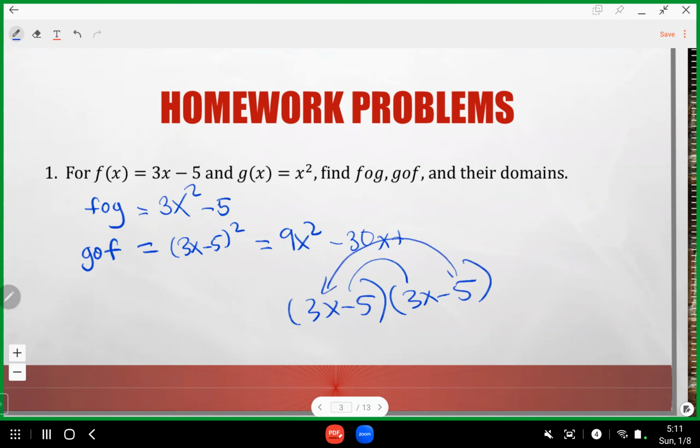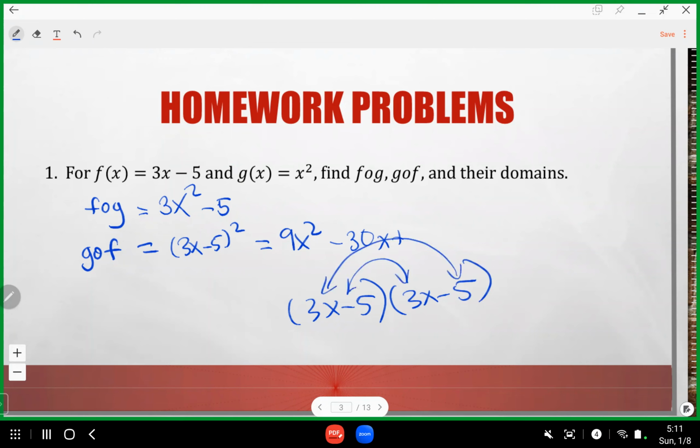Remember, you have to multiply every term by every term. You can't just multiply 3x and 3x, and you can't just multiply negative 5 and negative 5. Those middle terms also have to multiply. So it's minus 30x as well, plus 25.